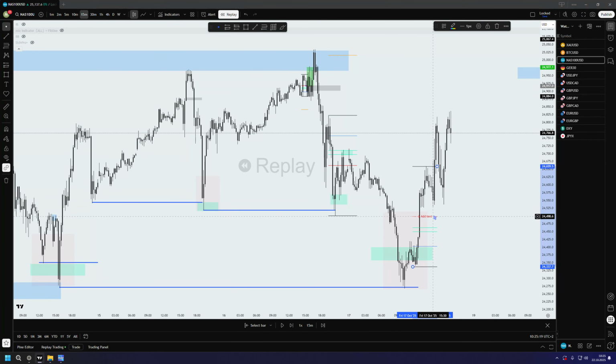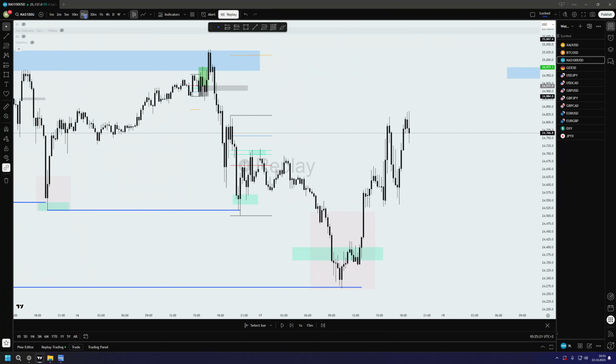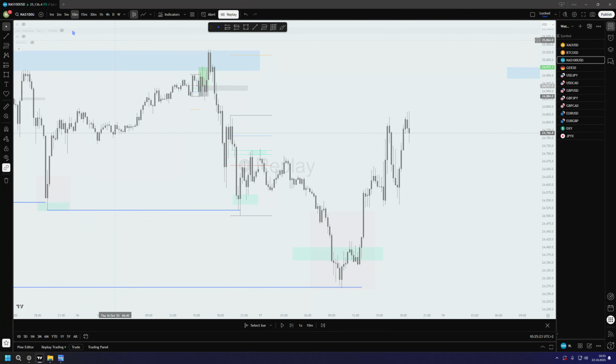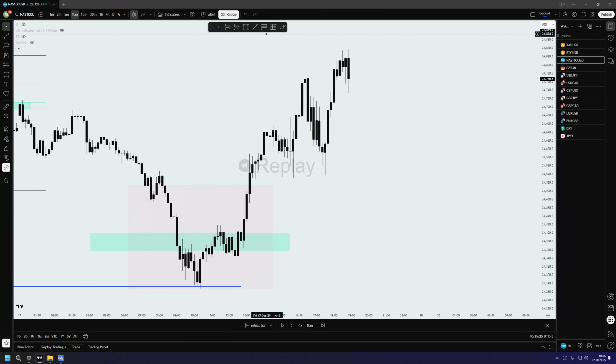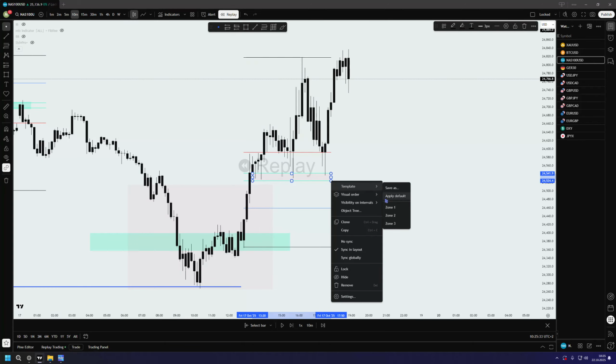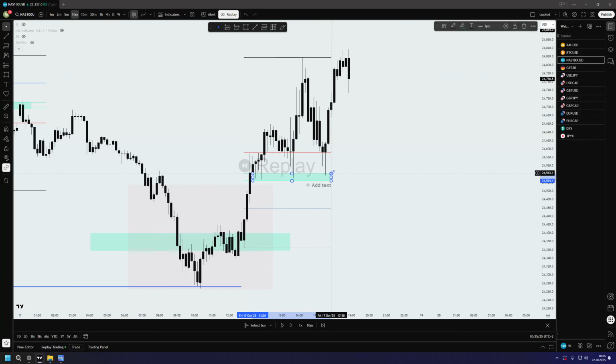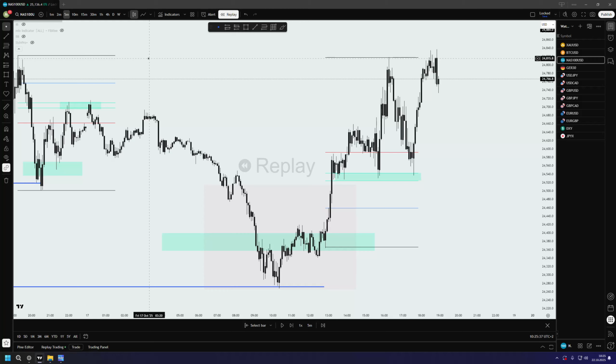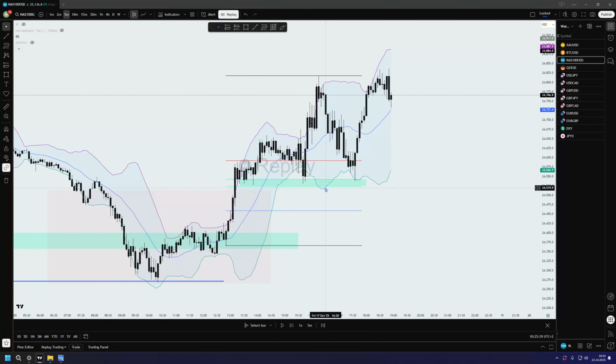In this case, we didn't come back to the discount of the range. But then if we go to the lower time frame, look at this, and then it aligns with the Bollinger Bands, because it's not about the levels, it's about the price deviating from the average.